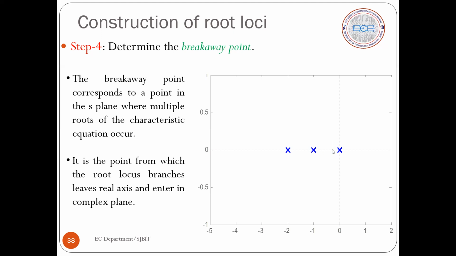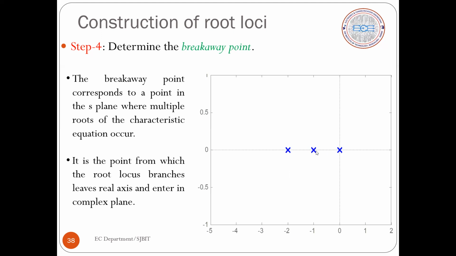How can I say that? Angle condition, very simple. In this section, that is s equal to 0 to s equal to -1, if you identify any point P and calculate the angle, and it matches the required angle condition, then we say that in that region root locus exists.